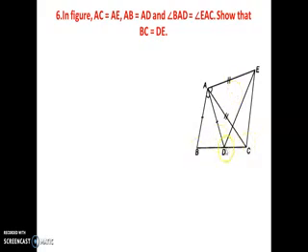So BC and DE become the corresponding parts of these two congruent triangles, and we can easily say that BC is equal to DE.